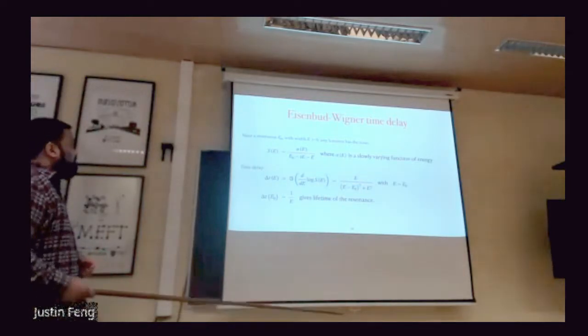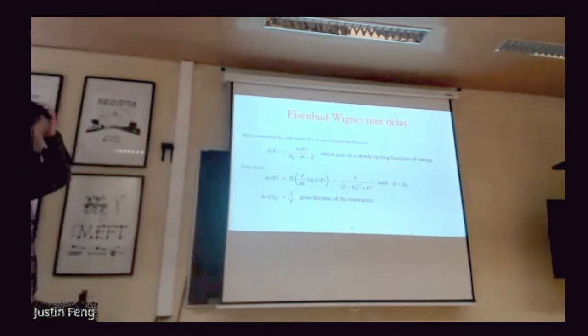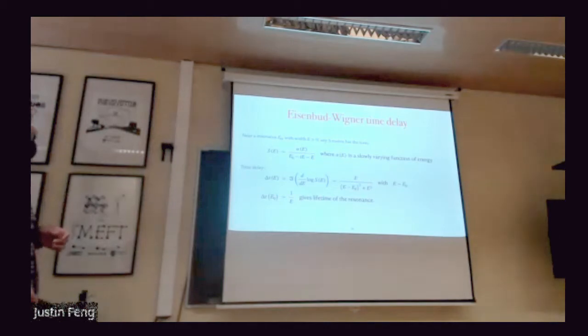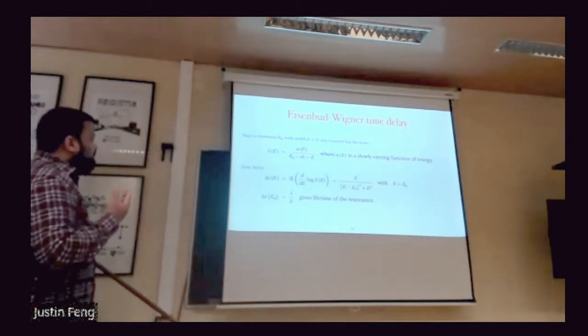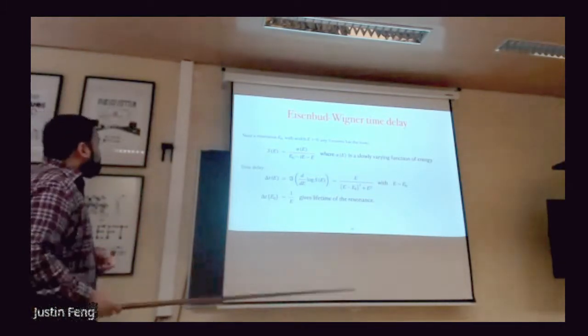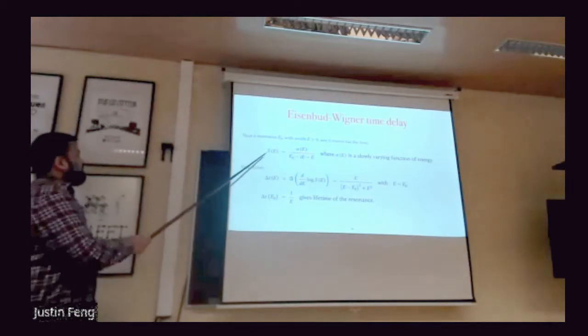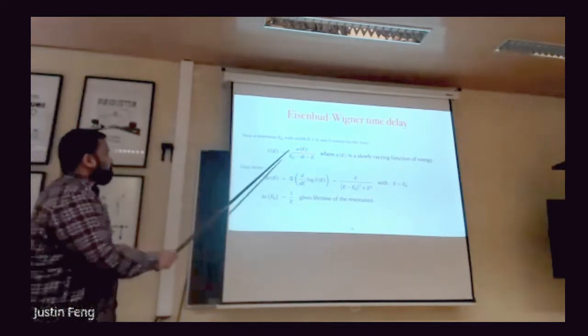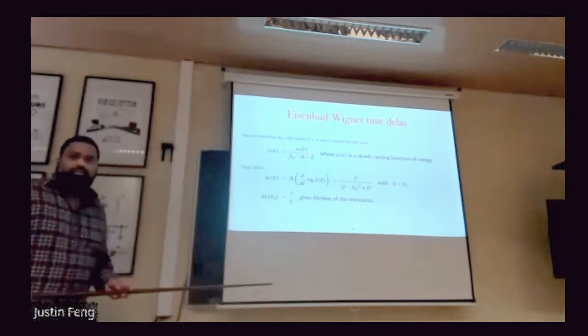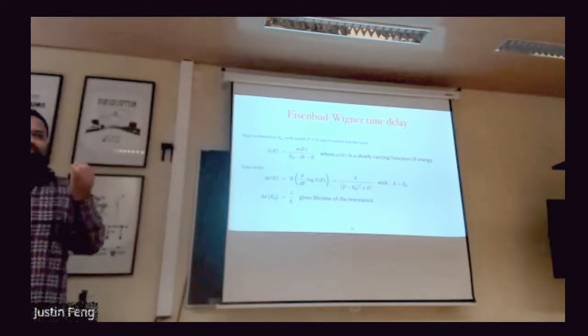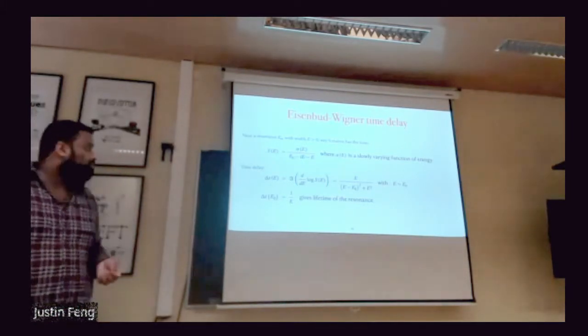And this was a concept introduced by Wigner in the 30s. And there's a beautiful PhD thesis of Heisenberg also in the 30s, I believe, where they discuss this. And it can be understood in a very simple way. So let's consider the scattering matrix near some resonance E0 with some positive width. By definition, the fact that this is a resonance means that the S matrix has to have a pole.